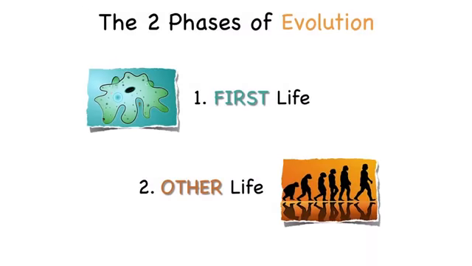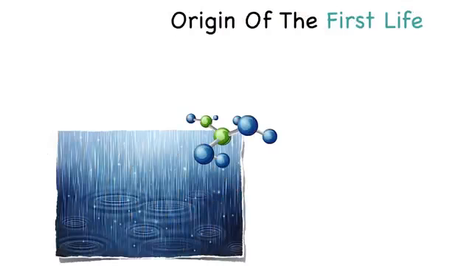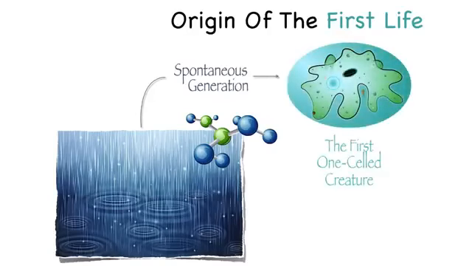In our last video, we broke down our study of evolution into 2 main phases, as we see here on the screen. Phase 1 is the very first life. Phase 2 is all other life. Evolutionists, as we have seen, teach that the very first life here on planet Earth resulted from what they call spontaneous generation from non-living chemicals. This supposedly occurred in a warm little pond somewhere on the very early Earth.